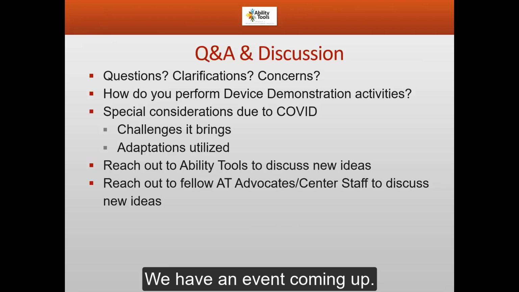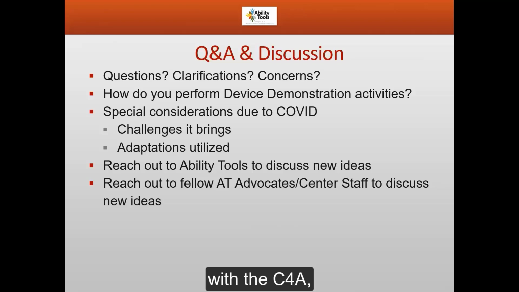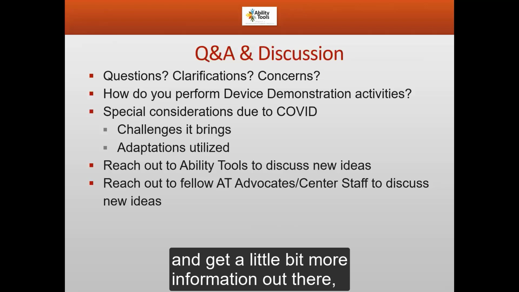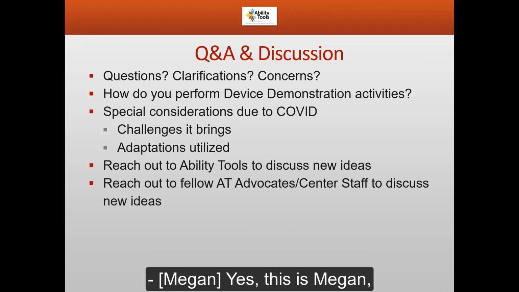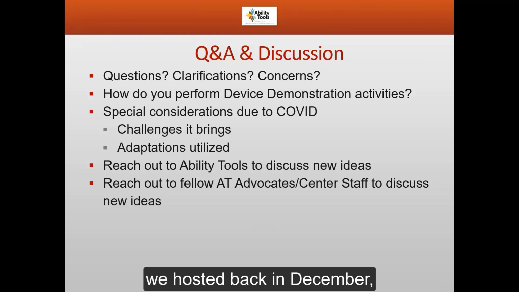We have an event coming up. We have the event that we're putting together with the C4A. Megan, if you want to chime in and get a little bit more information out there, it's the California Coming Together Conference series. Yes, this is Megan. I'm trying to grab the link for that. So we are doing a spin-off of the conference we hosted back in December.